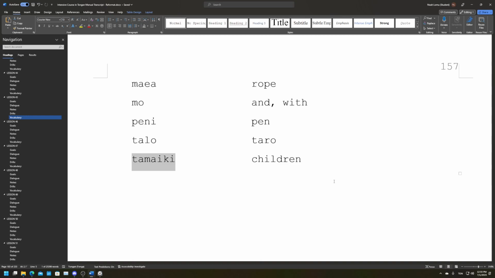A lot of people words, words that describe groups of people, are implicitly plural already, like Tamaiki and matua. Fafine means multiple women. That's already implicitly plural. Matua means parents, plural.